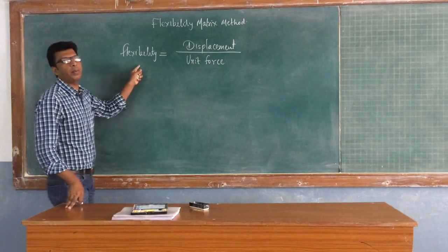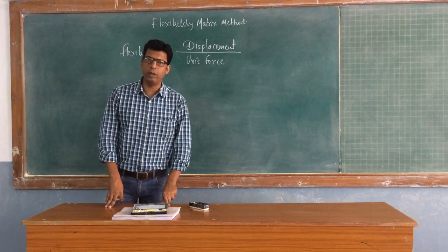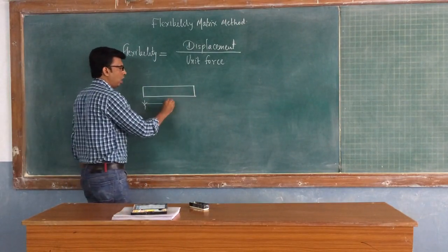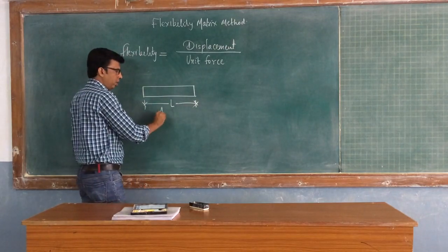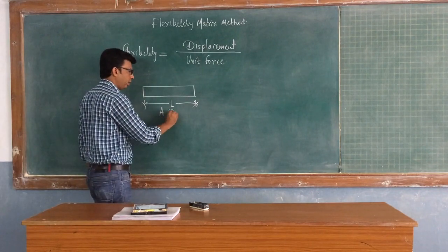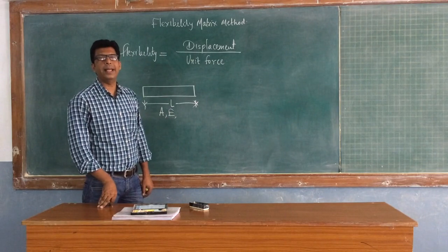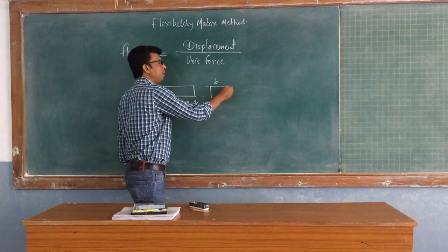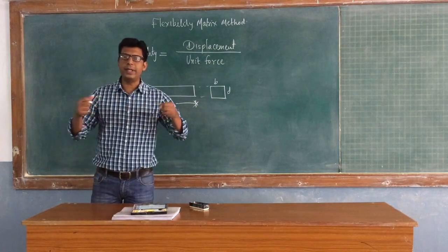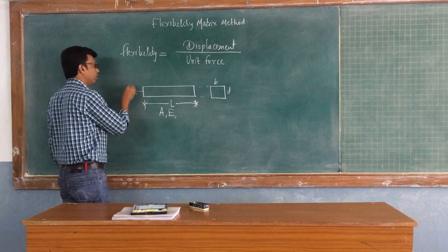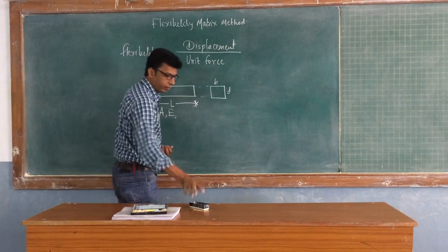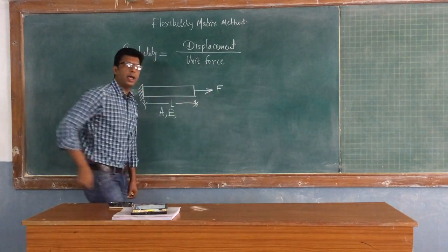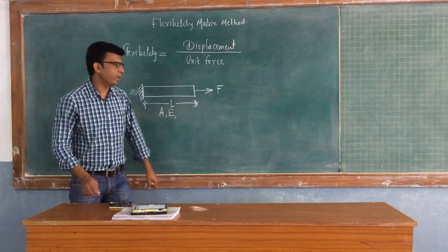Now how to calculate the flexibility of a particular material? We will take a simple example of one rectangular bar of length L, cross-sectional area A, modulus of elasticity of the material E, with cross section A having dimensions B and D. Now if this bar is subjected to axial force, if the left end is fixed and you apply the axial force at the end of the bar, the bar will elongate.